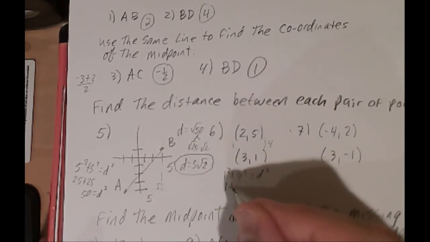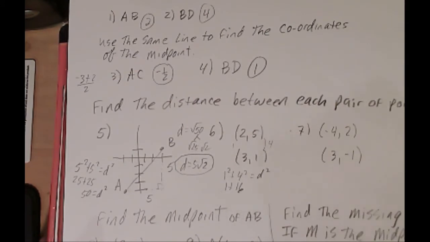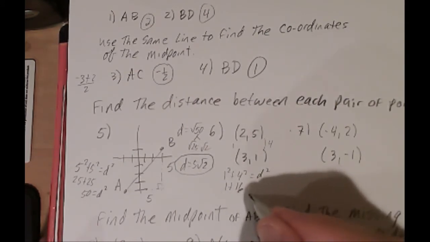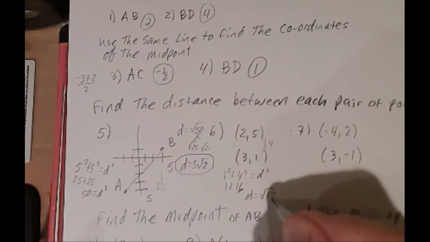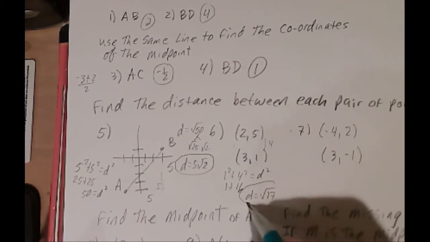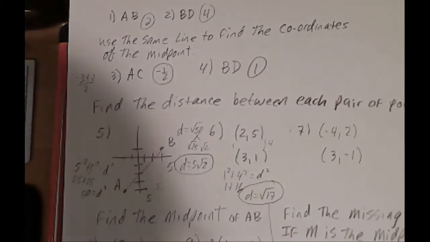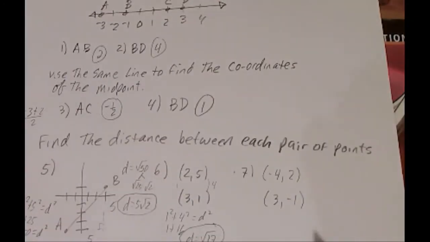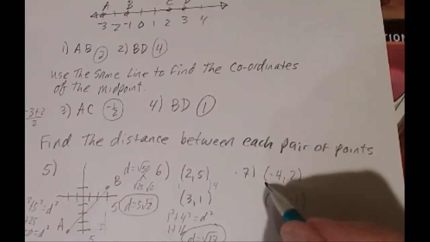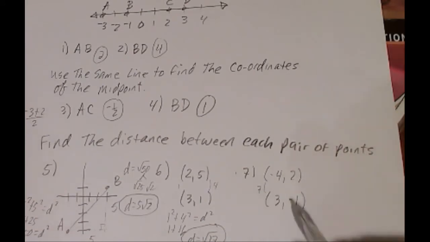And that's 1 plus 16, which is 17. So d is equal to the square root of 17, which does not simplify.